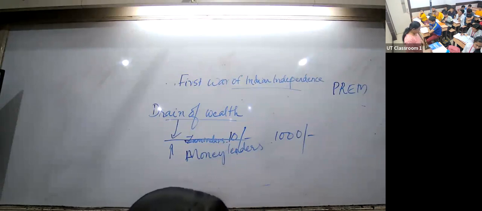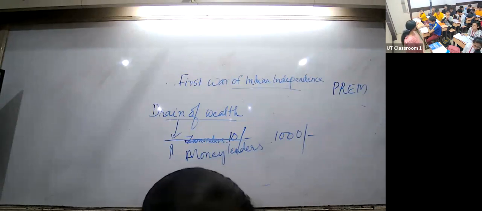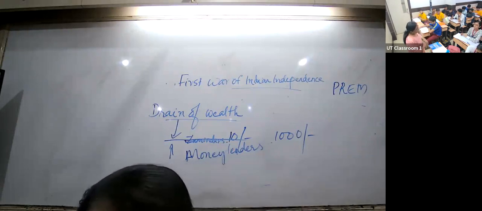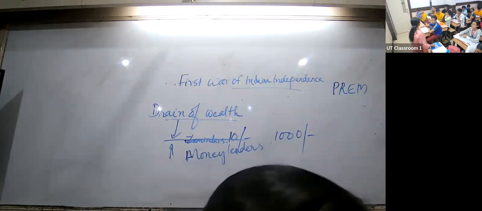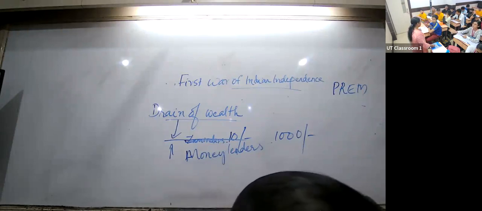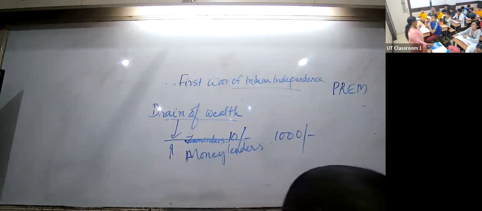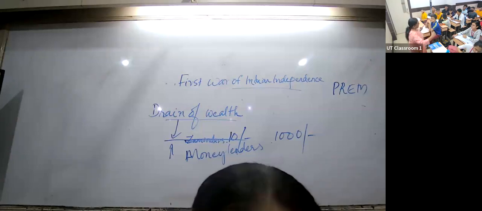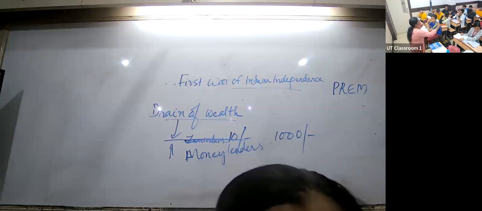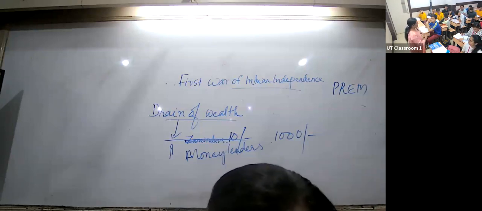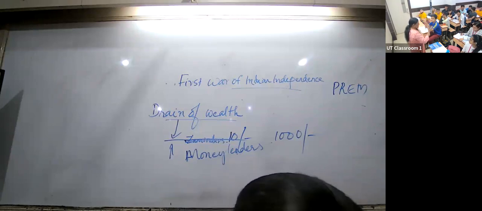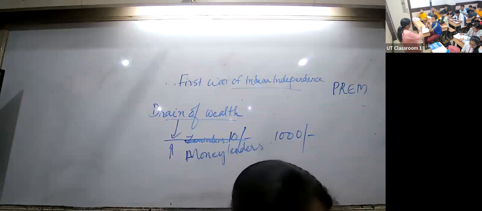Next one is the General Service Enlistment Act. Page number 8, this act was passed. What is that General Service Enlistment Act? According to Hindu belief, if a Brahmin crosses the ocean, they will lose their caste.